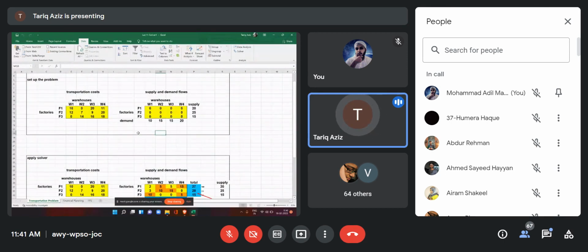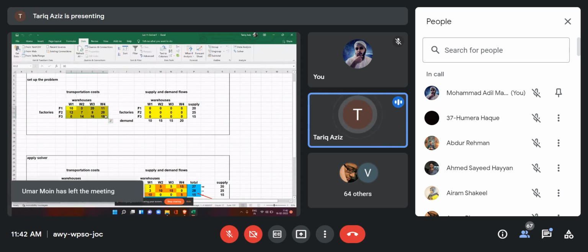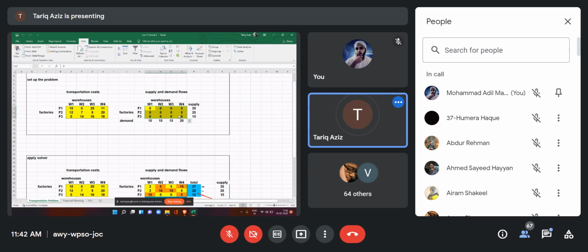If a problem is given, first you have to formulate and set up the problem. The transportation problem has to be expressed in terms of matrices. This is the matrix for transportation cost, and this is the matrix for the number of units that should be transported from different factories to different warehouses.